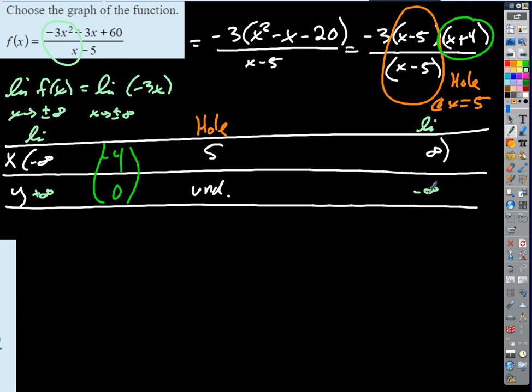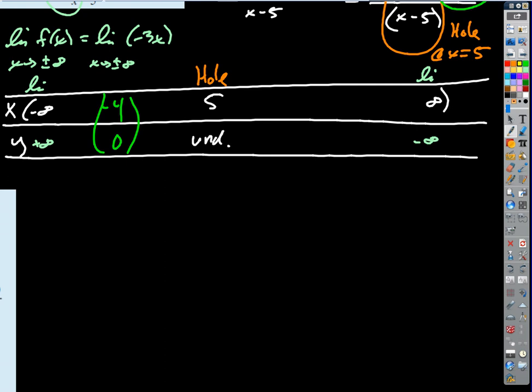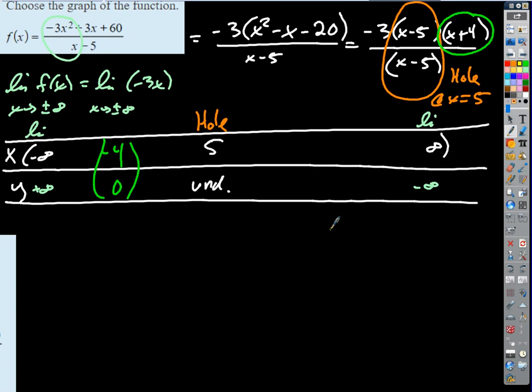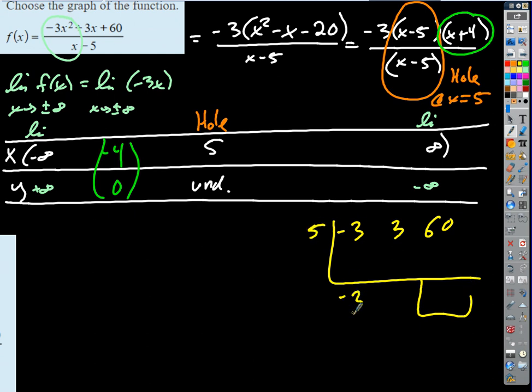But if we do divide this out, let's go through that process. If I do my synthetic process down here, what are my coefficients inside? -3, 3, 60, and then out front, 5, so I end up with, what? -15, -12, -6.